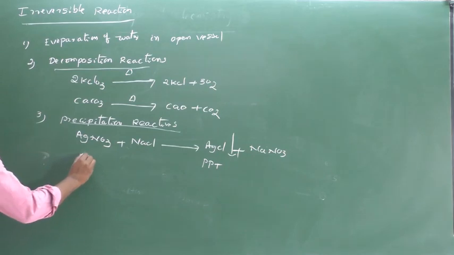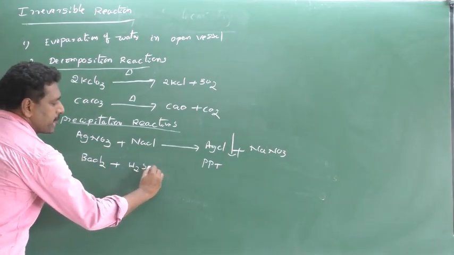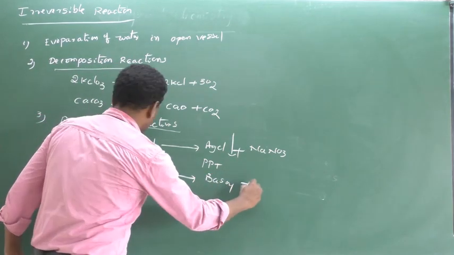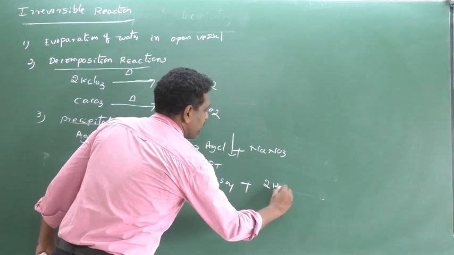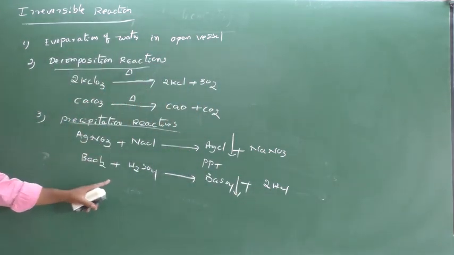One more example: barium chloride on reacting with sulfuric acid forms barium sulfate PPT plus HCl. This is also an example of precipitation reactions.